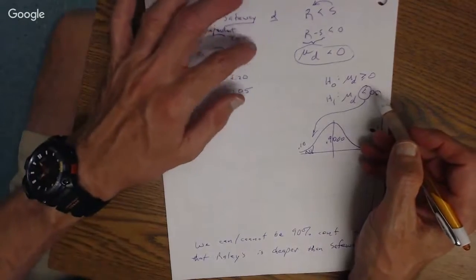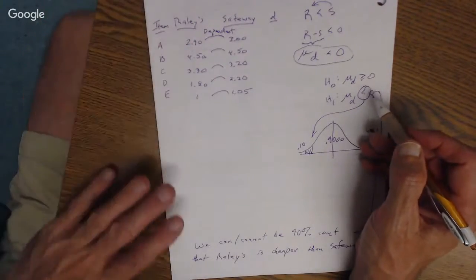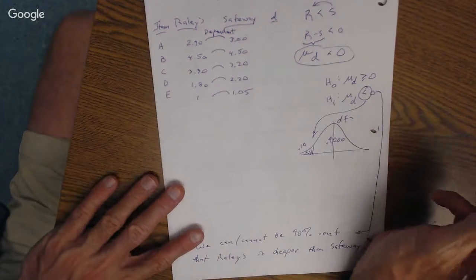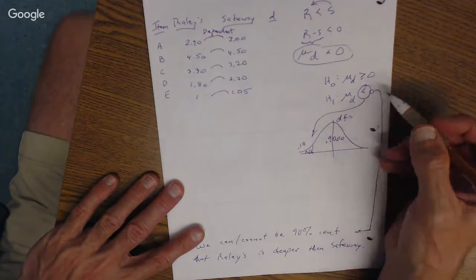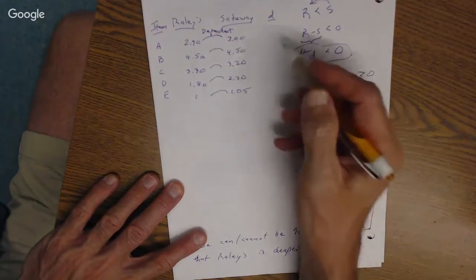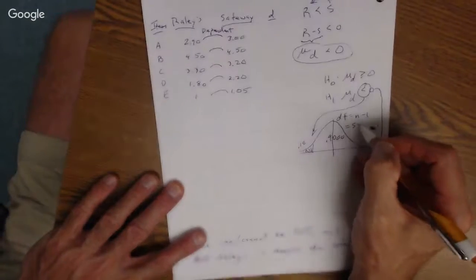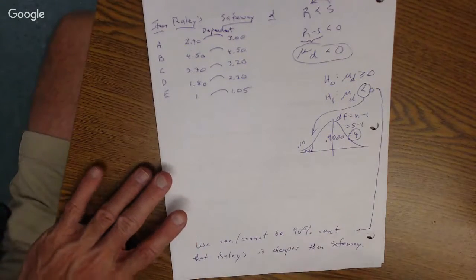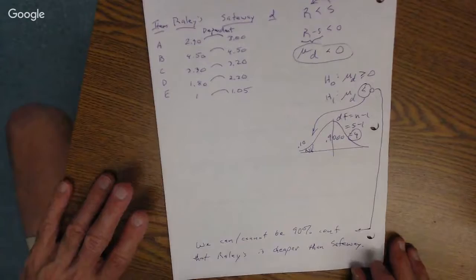It's a t distribution. We don't have population standard deviation given anywhere in the problem, so it's going to be a t. Therefore, we need degrees of freedom, and degrees of freedom is n of the D's minus 1. So that's 5 minus 1 equals 4. So 4 degrees of freedom, 0.10 in the left tail.